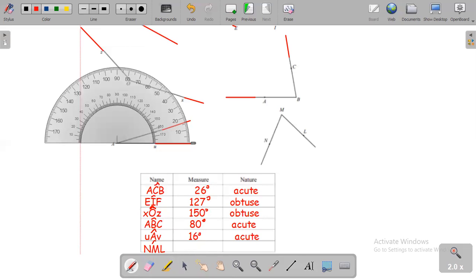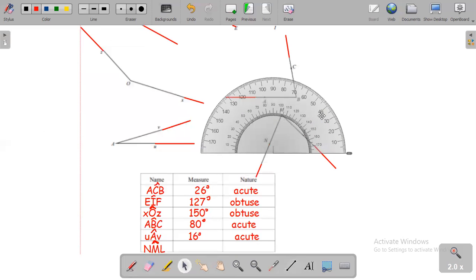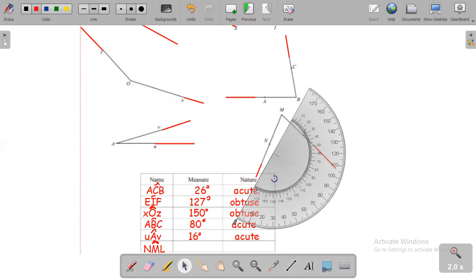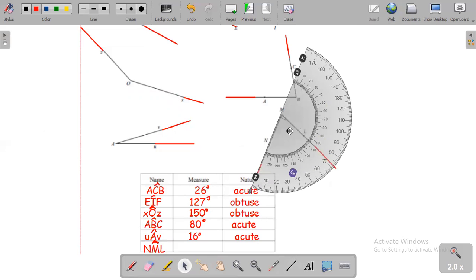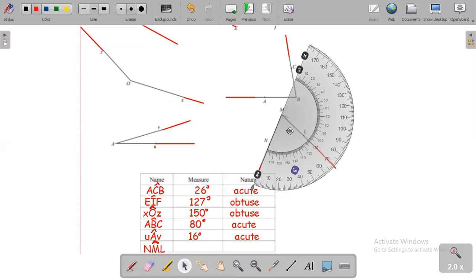Now to find the measure of this angle, we have to elongate the arms. We take now the protractor and we put it on one arm. Let's put it on MN. I will put the middle of the protractor at the vertex M. We look at the numbers starting from 0.